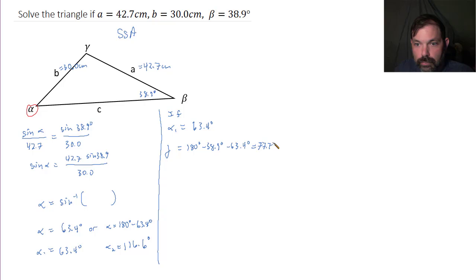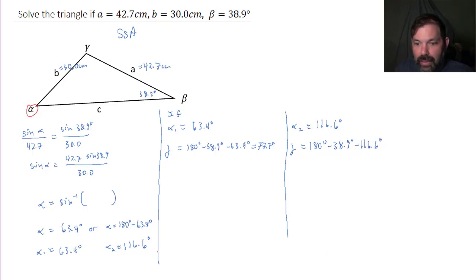If, instead, alpha 2 is 116.6 degrees, gamma would equal 180 degrees minus 38.9 degrees minus 116.6 degrees.